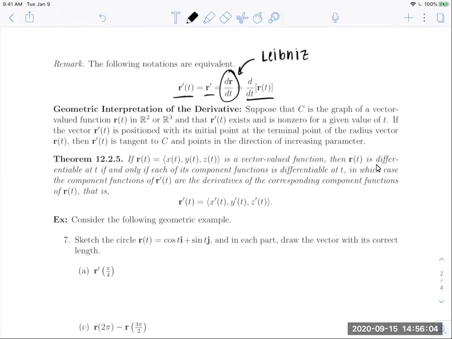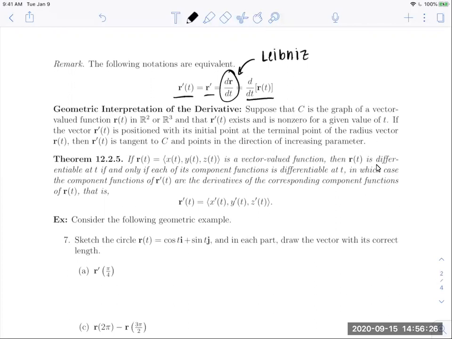All right, so how does the derivative relate to the graph of the function, right? What is the geometric interpretation? So here we're going to suppose that C is the graph of your function r, and that could be in 2 dimensions or 3 dimensions. This holds in either dimension. And then let's suppose that the derivative r prime of t exists and is non-zero.